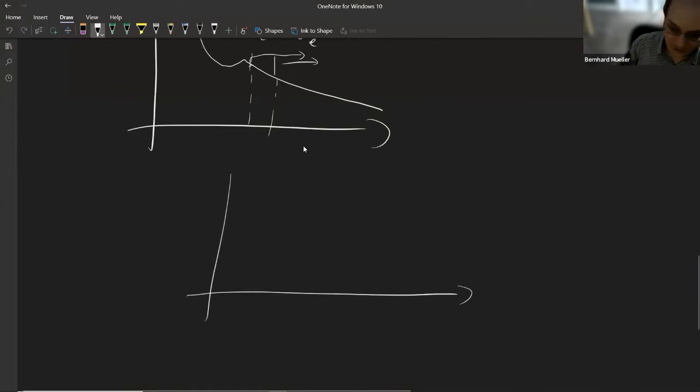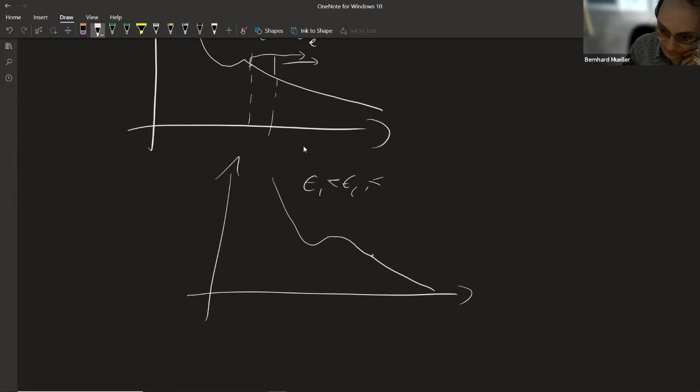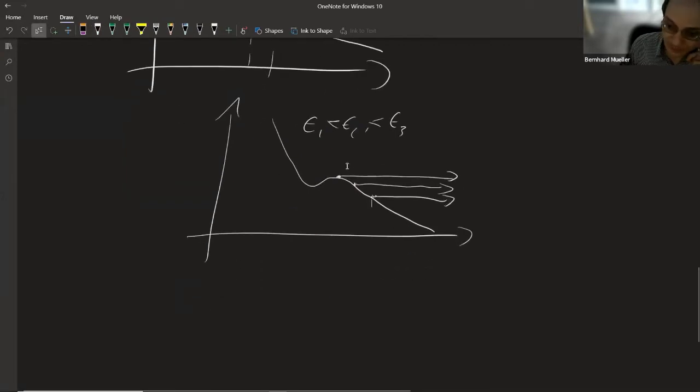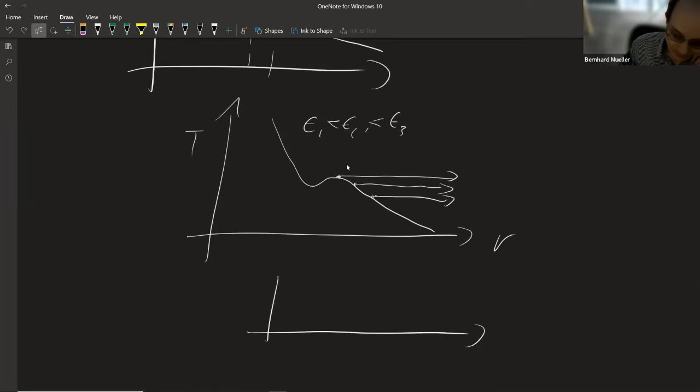So neutrinos of higher energy are thermalized and interact with the material even further out because the opacity is higher. And that means that if you have neutrino energies E1 smaller than E2, then smaller than E3, the low energy neutrinos will originate in regions of higher temperature, and the high energy neutrinos will come out from regions of lower temperature.